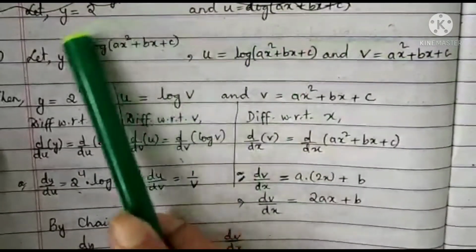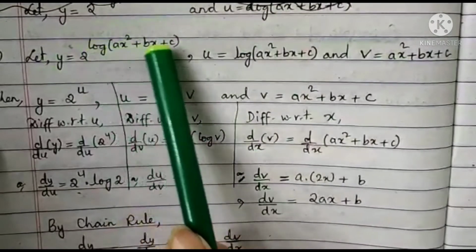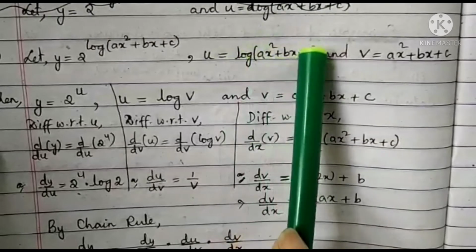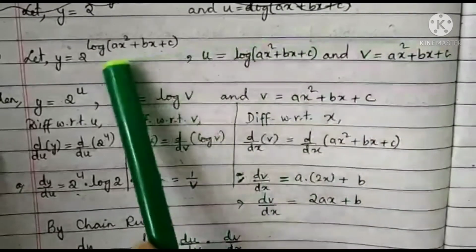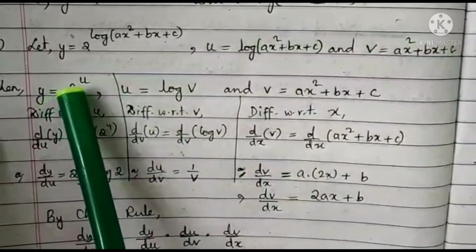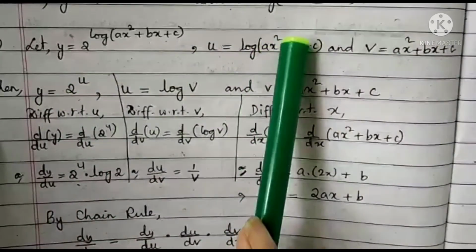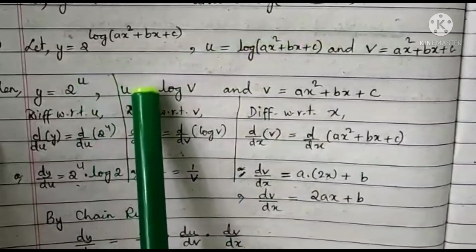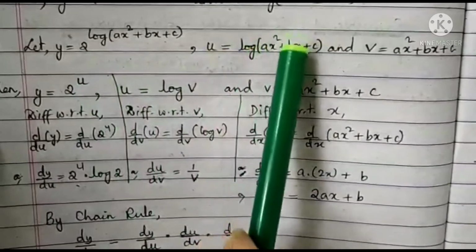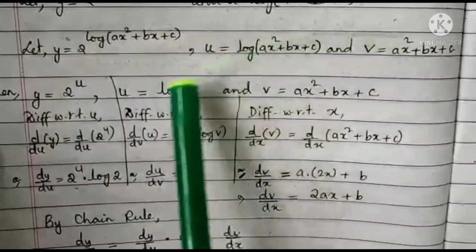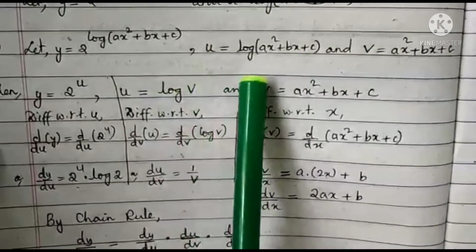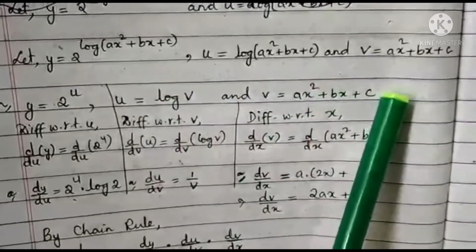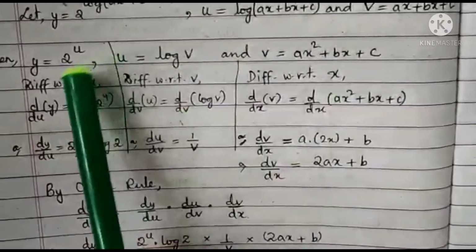Putting them together, what do you get? y equals 2 to the power u, where u is log v, and v is ax square plus bx plus c. Simple enough? Okay.